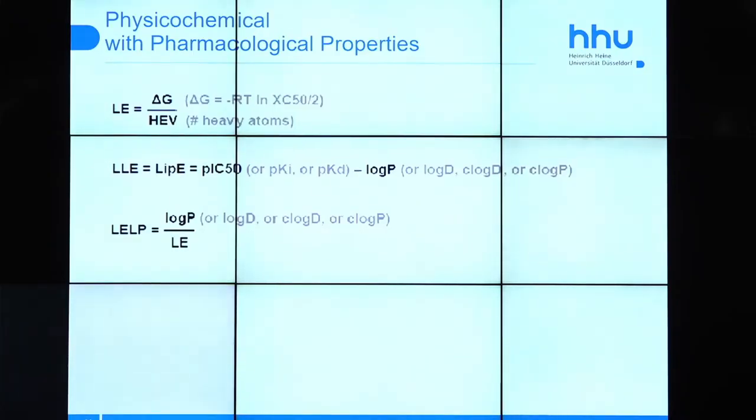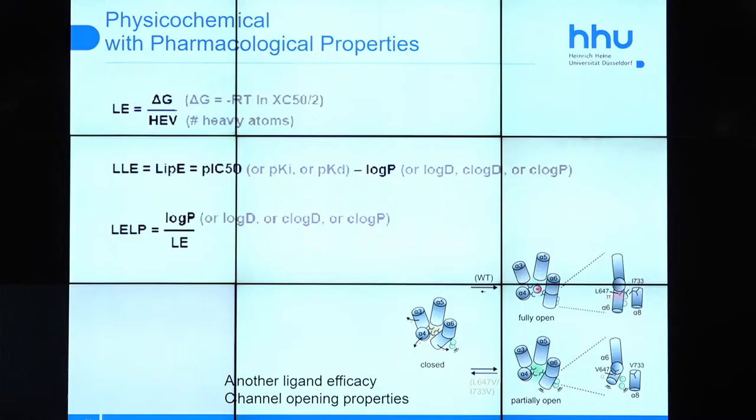So these different calculated properties are there, and there are some good reviews on this. You can find them in Nature Reviews Drug Discovery, where you will find several excellent reviews on the calculation of these different parameters.